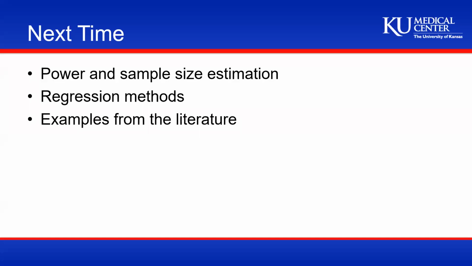Next time, we're going to continue to extend the idea of accounting for different sources of variation using regression: linear regression, logistic regression, regression for survival methods, pulling examples from the literature. And then we're also going to spend a little bit of time to talk about power and sample size estimation, because I do get that question a lot, and I think it's important to at least address it in the context of a few very simple studies.